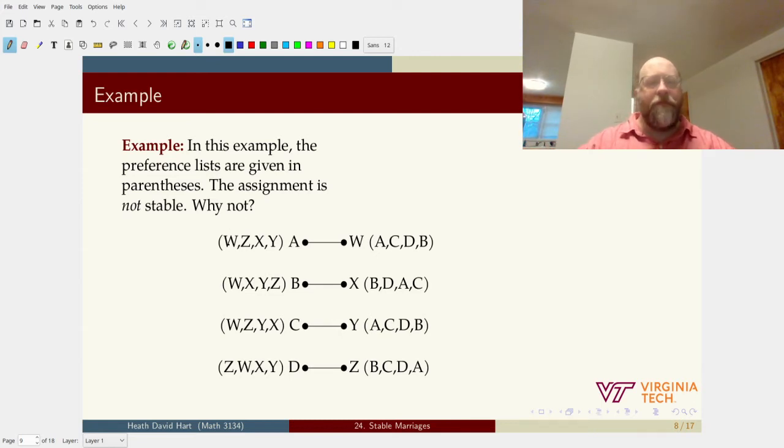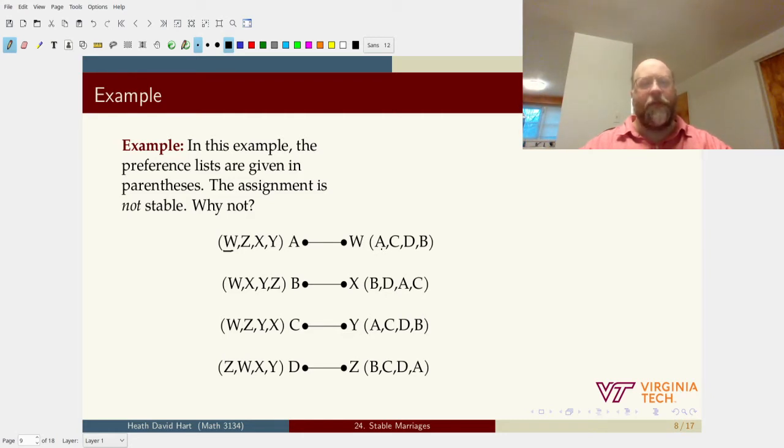These are four males, A, B, C, and D, and their preferences are listed here. So A's first choice was W, and B's first choice was W, and C's first choice was W. Apparently, W is quite a catch, but D's first choice was Z. And then here are W, X, Y, and Z's list of preferences.